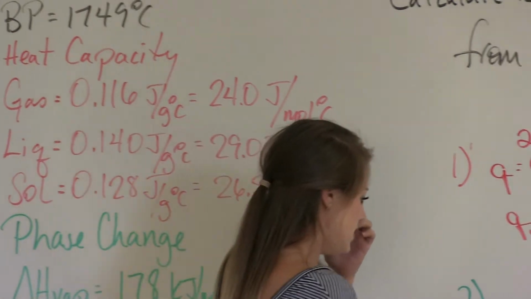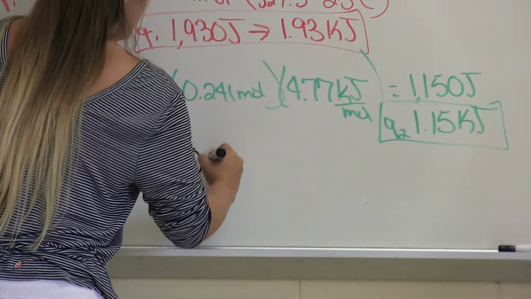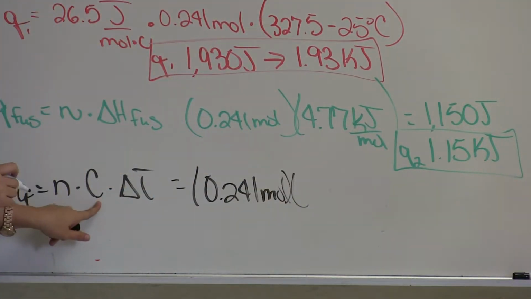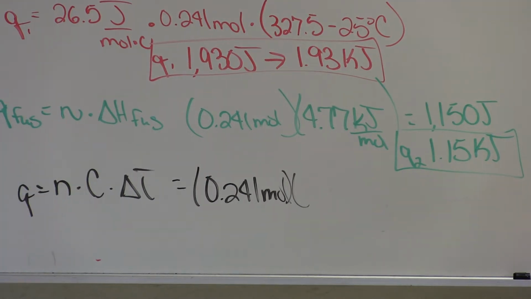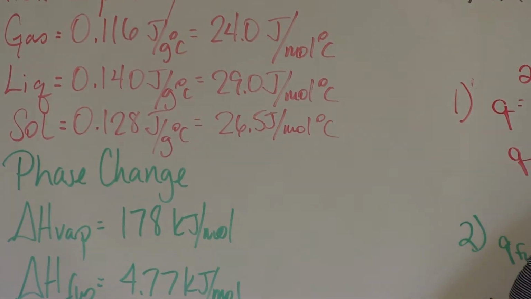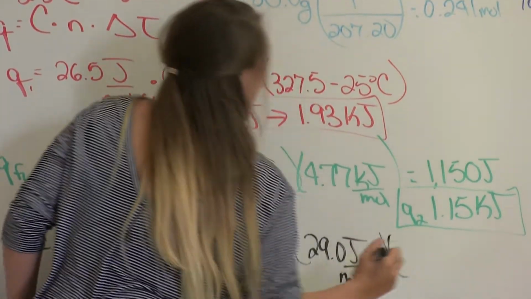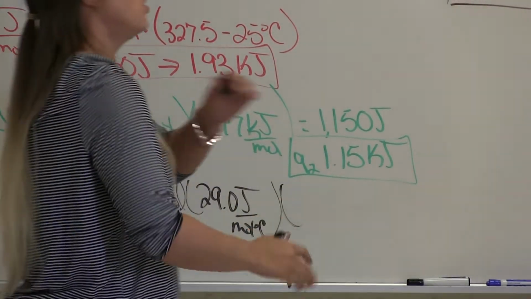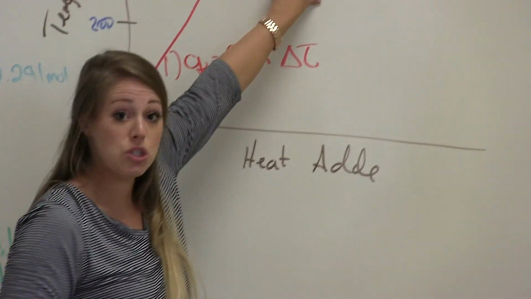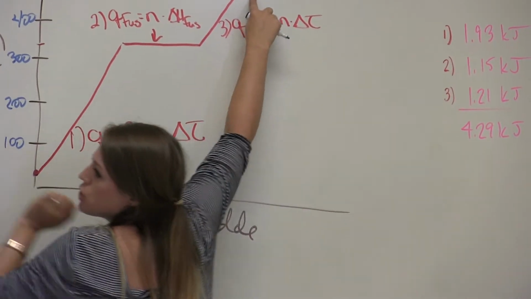Okay, so let's punch all of this in. Okay, we know our N value. It's still going to be the same. So we're going to have 0.241 moles times our heat capacity for the liquid. Heat capacity for the liquid is 29.0 joules per mole degrees Celsius. Okay, and our last step is we need to find the change in temperature. Well, the change in temperature for our last step is going from where we melted, which was 327.5, to our final temperature, which was 500.